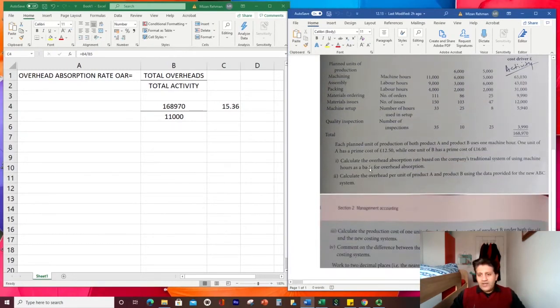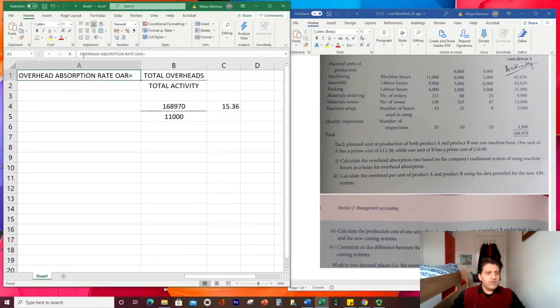The second one is for activity-based costing, and I will do that in the later part of the question. However, first I would like to finish off my absorption costing. So the third one, let's give it a number for the sake of clarity. There we go.